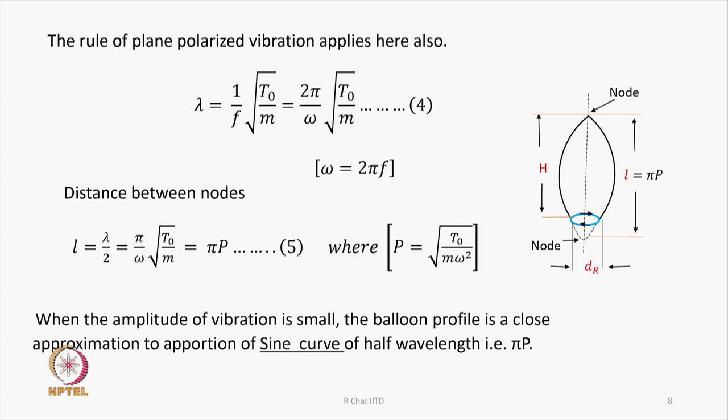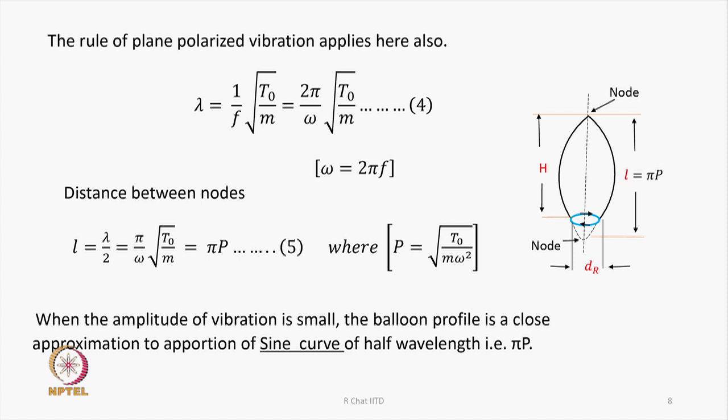So, this distance between the two nodes, that is L, will be lambda by 2, it is half wavelength, and therefore, it is going to be pi by omega, because 2 pi is there. So, 2 and 2 will cancel. So, we will be left out with pi by omega root over T 0 by m.